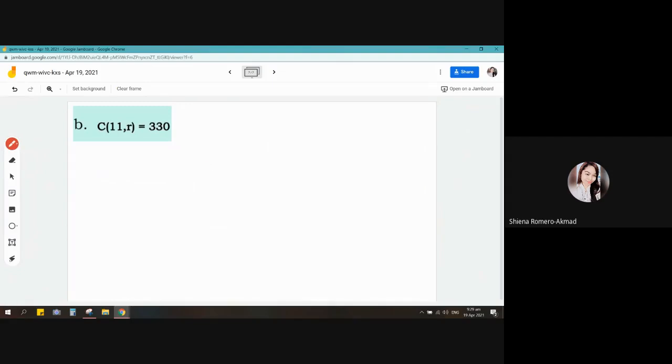So, ang ginawa po dito, remember that we have this value. And then, ang ginawa ay sinubstitute yung n dun sa formula for combination.